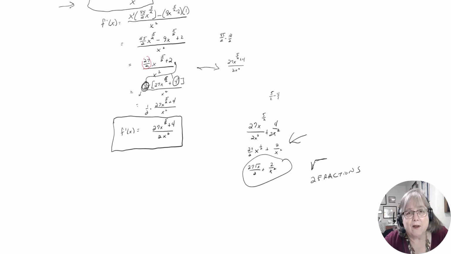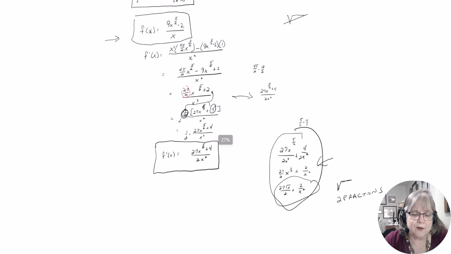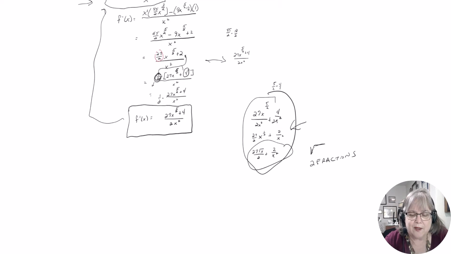Now, depending on the computer, the computer is not a person, the software is not a person's brain. And so, depending on what data you have to put in, sometimes they want you to do that. But oftentimes, one of the reasons they want you to return it back to its original form is because not only is that good form, but if you have to take the derivative and do something else to it, like graph it, then what you would have to be doing is taking this form out and changing it back to that form so that you can get it graphed using the processes that we do.